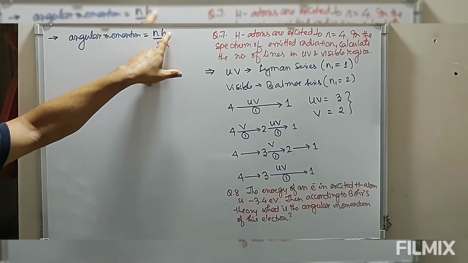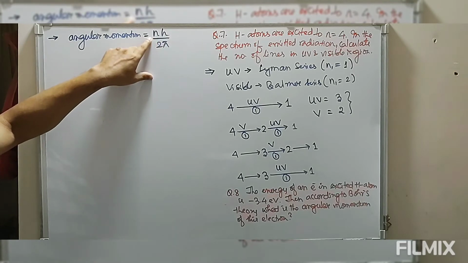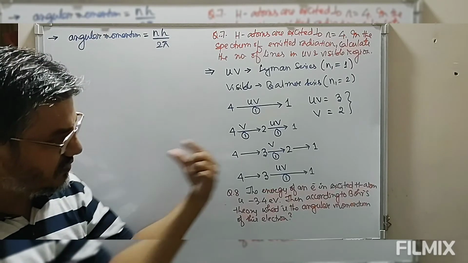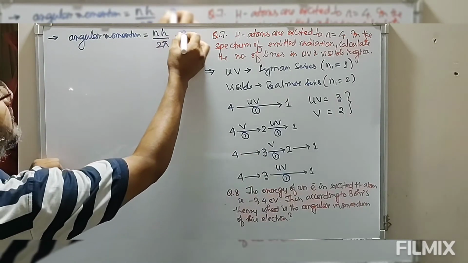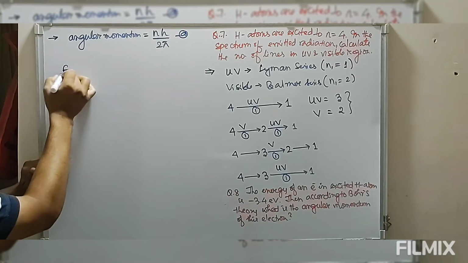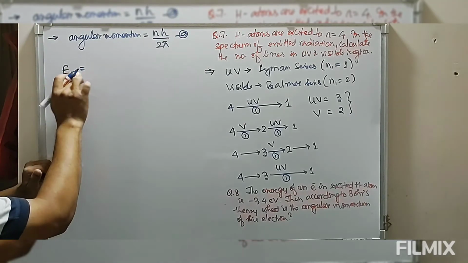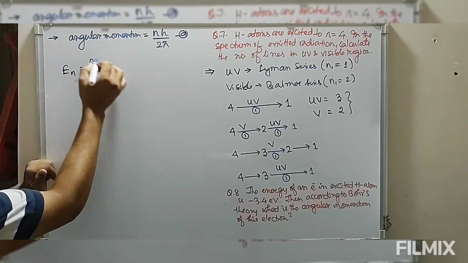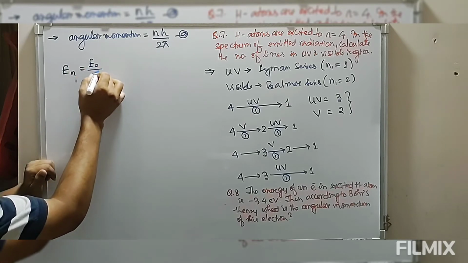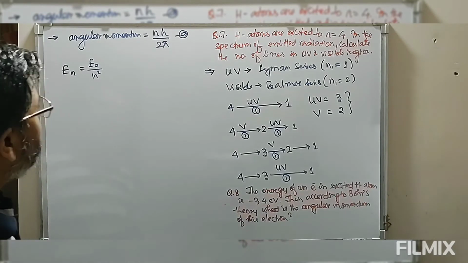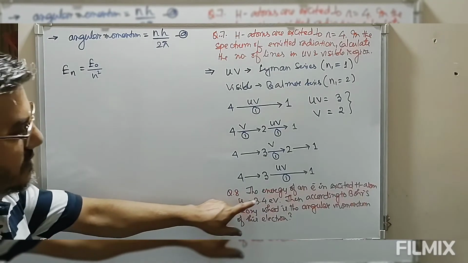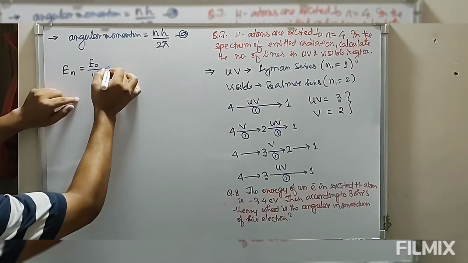h is a constant, pi is a constant. We need the value of n, that is the excited state. The question gives the energy of the electron in the excited state. The energy of an electron in any orbit equals E naught by n square, because Z equals 1 for hydrogen. So this equals minus 3.4 electron volt.